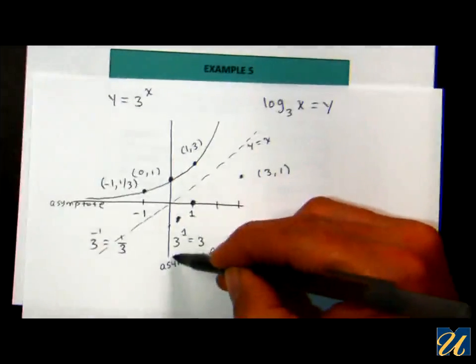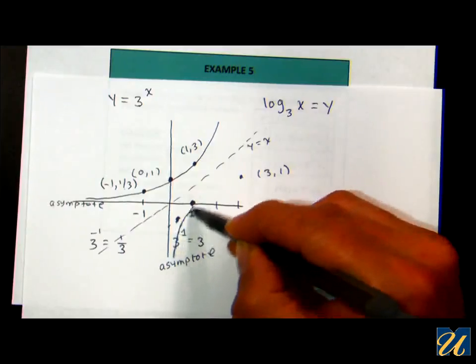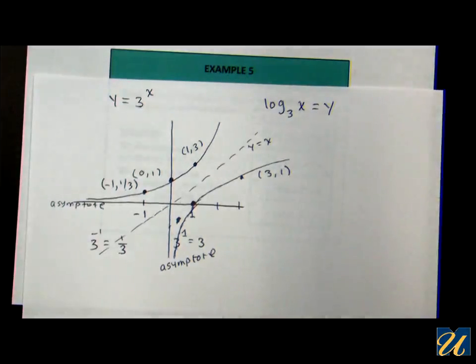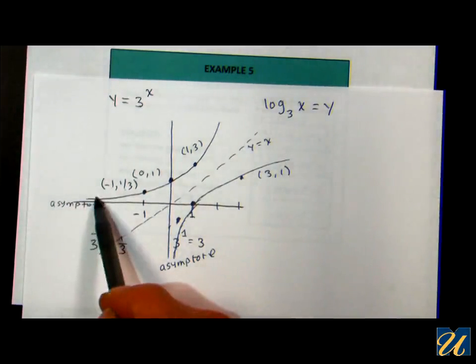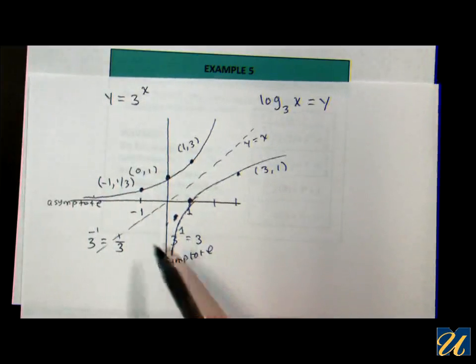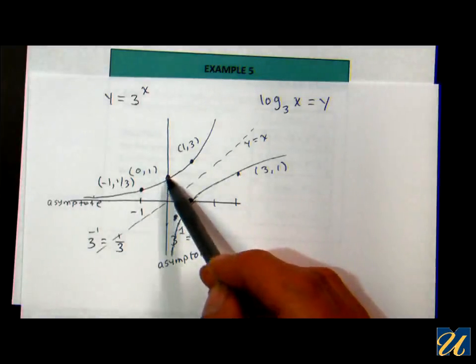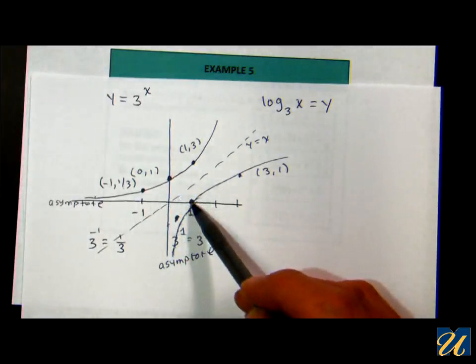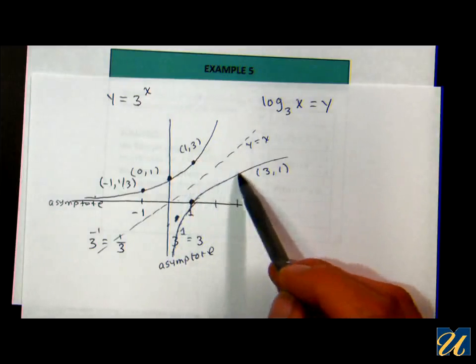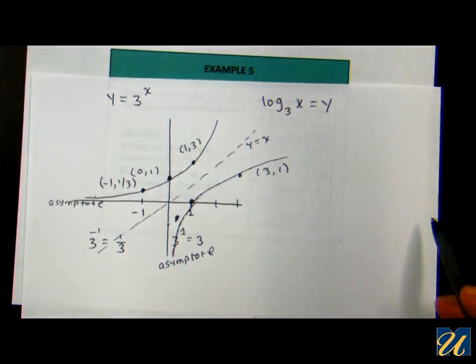So the graph looks like this. Instead of it being asymptotic to the x-axis, it's asymptotic to the y-axis. Instead of the y-intercept being 0, 1, we now have an x-intercept of 1, 0. Instead of the point 1, 3 being on the exponential, it's now the point 3, 1 being on the logarithmic function.